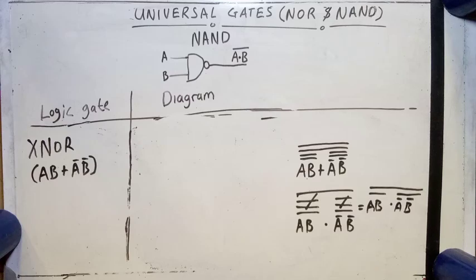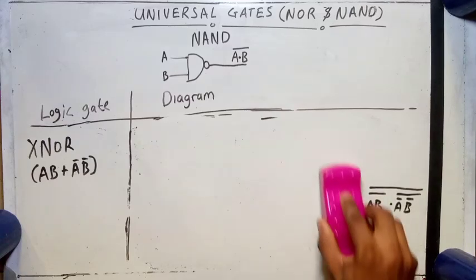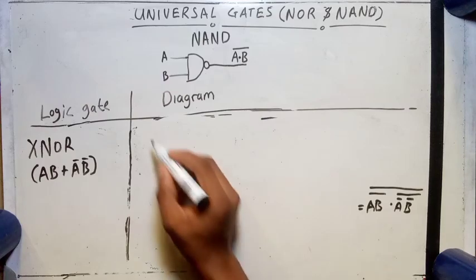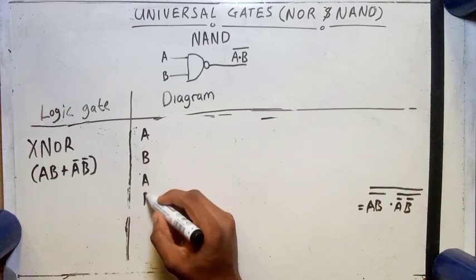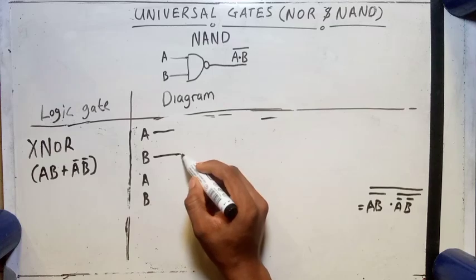Okay. So this is what we are going to be using to make our diagram. Now we have our A and our B. We join the two of them together.